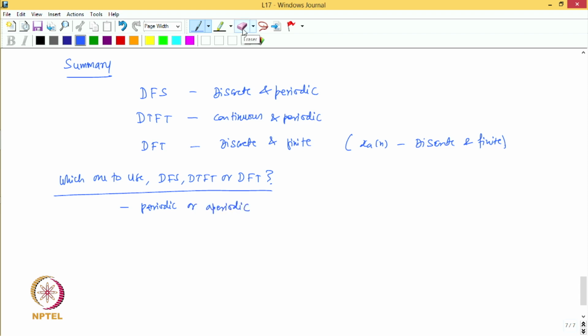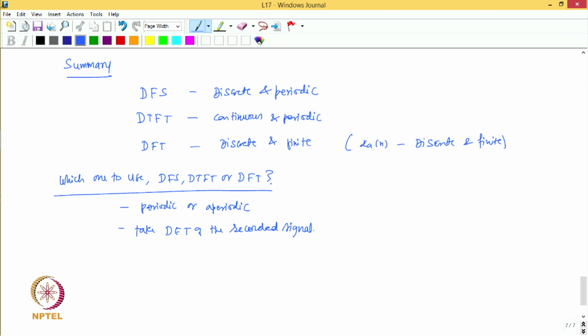So what we do is simply take the DFT of the signal that we have recorded. If we have recorded a signal over time length t, then we just take the DFT of that, which basically amounts to treating the signal as a periodic signal, finding its DFS and using one period of the DFS.